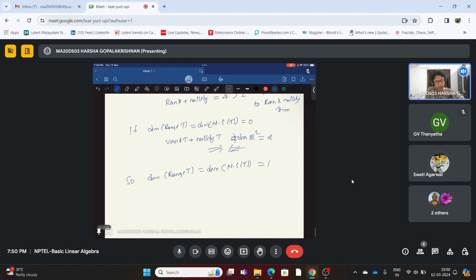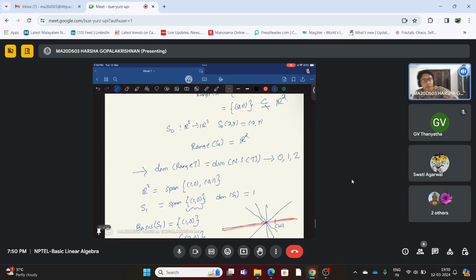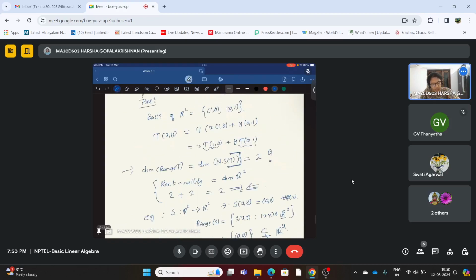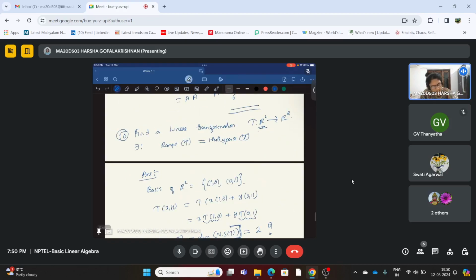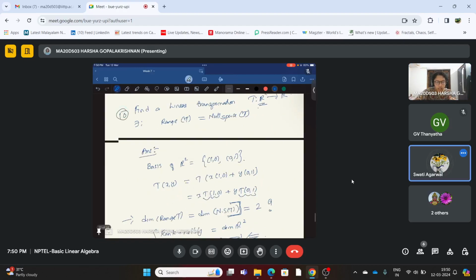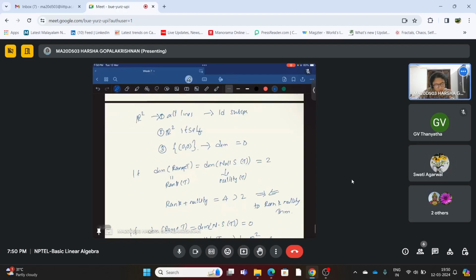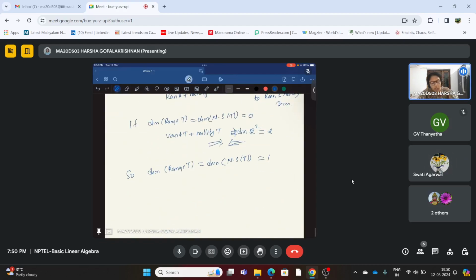Now, what was our question? The question we started with: find a linear transformation T such that the range of T and the null space of T are equal. We got that both have dimension 1. That means both should be some line, or both should be the span of some element, say (1,0).